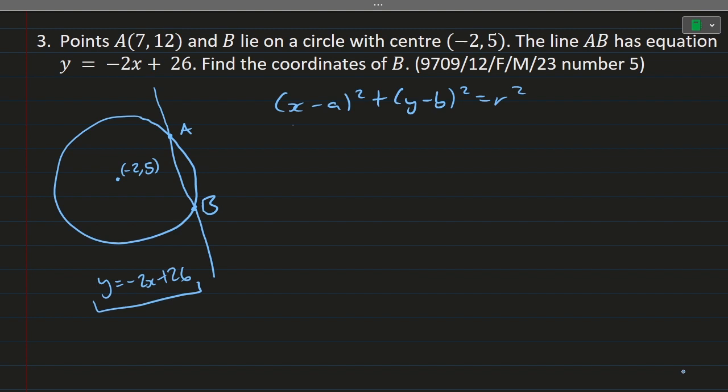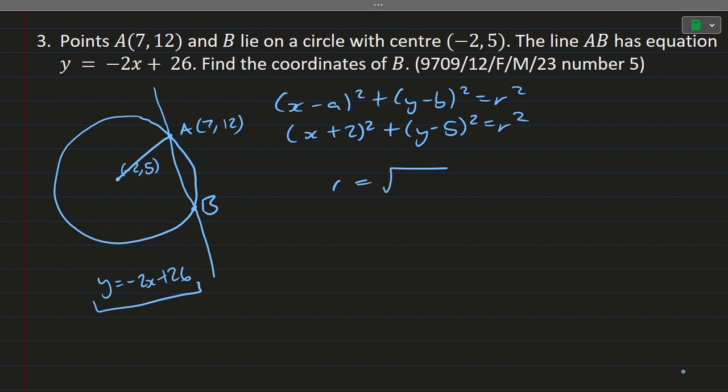We already have the coordinates of the center, so that's (x plus 2) squared plus (y minus 5) squared is equal to r squared. We need to find the radius, and so the radius is from the center to A. We have the coordinates of A being (7, 12), so we can use those to find our radius.